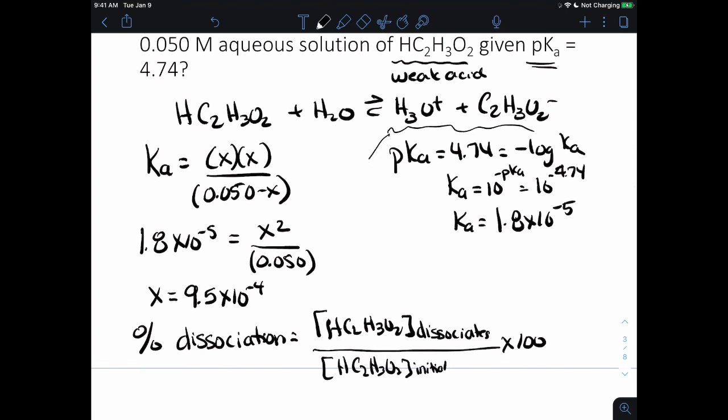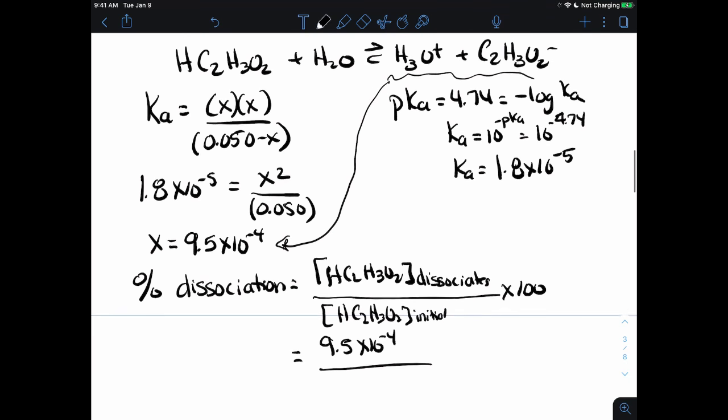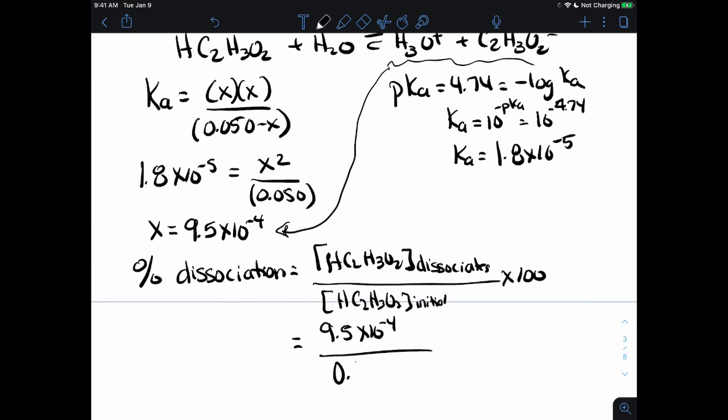And how much product we made, that's my X. That's how much of the acid fell apart. So that's 9.5 times 10 to the negative 4 over the amount of acid I had at the start. Well, that was given in the problem, 0.050, times 100. And we get that 1.9% dissociates.